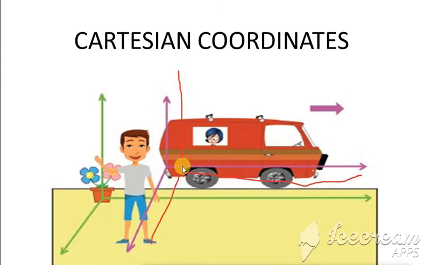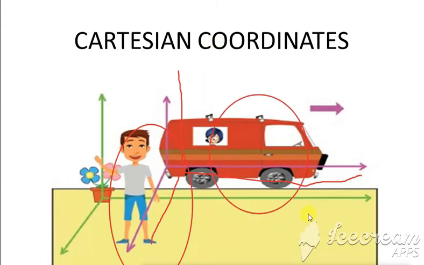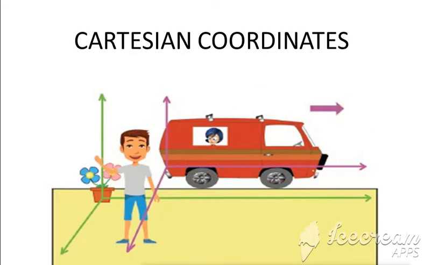So based on this, if any object is at rest or in motion, when you consider here, this object is at rest with respect to the coordinates, and here when you see this object is moving, and it is moving along what direction? Along the x direction. So when you consider the position of the object with respect to the x, y and z coordinates, that is said to be the Cartesian coordinates.